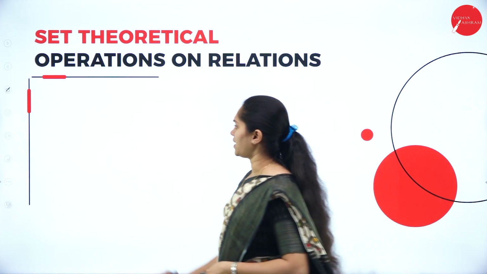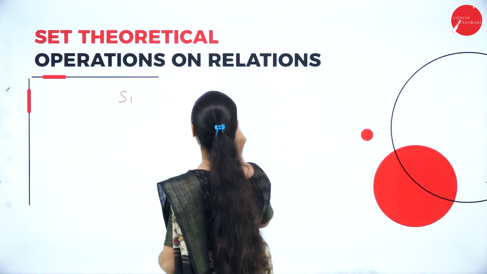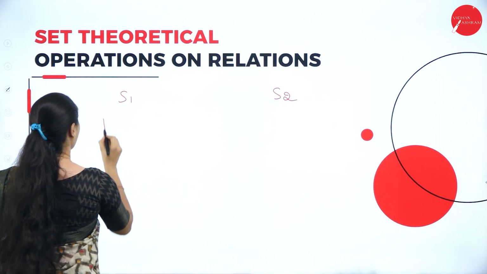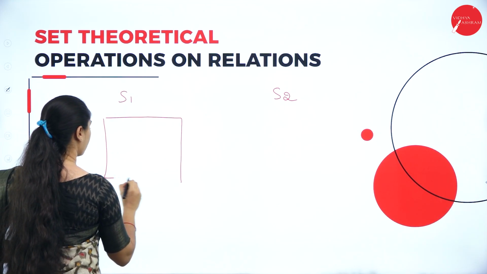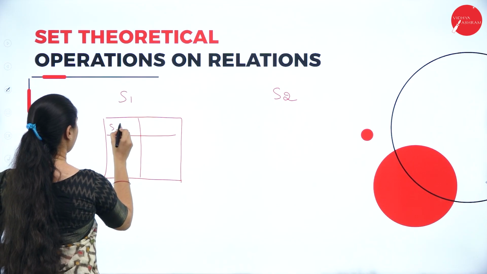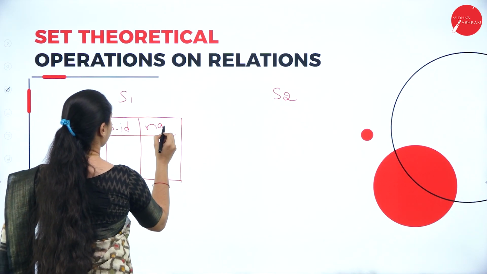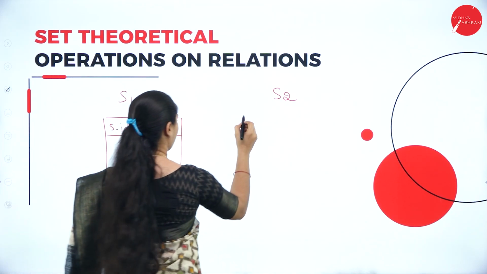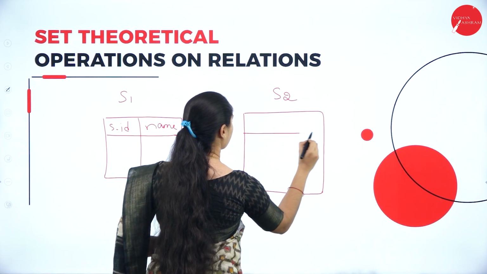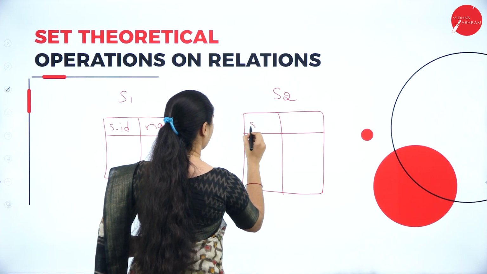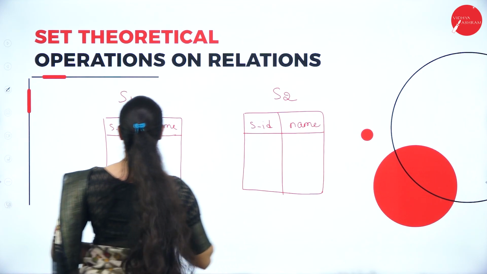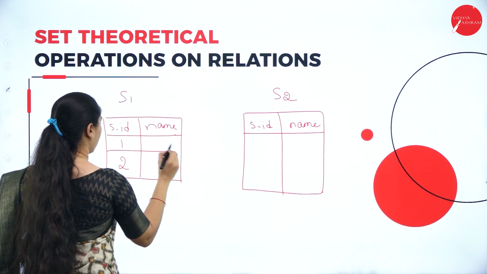Here let me consider one example. Consider the table S1 and consider the table S2. In this I am going to take two columns, student ID and also name. Here also I will take student ID and name. 1, 2 and name.